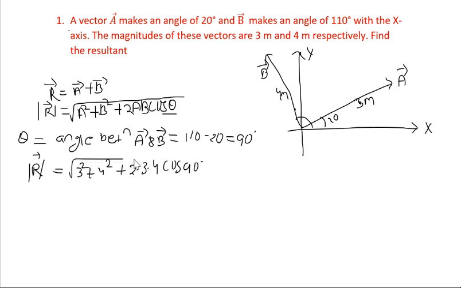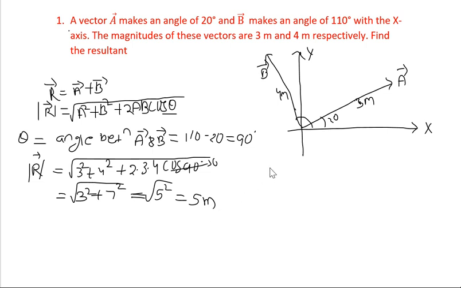But as we know, the value of cos 90 is 0. So it becomes root over 3 square plus 4 square, which is root of 5 square, equal to 5. So we find its resultant magnitude is 5 meters.